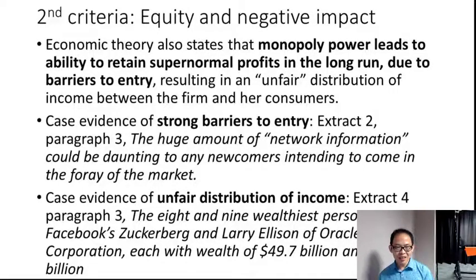The case evidence points first to strong barriers to entry, extract 2, paragraph 3. There's also case evidence of unfair distribution of income because the top 10 wealthiest people include Facebook's Zuckerberg, so they earn billions. So this could be a clue that it's unfair. It's inequitable because they are earning so much because of strong barriers to entry.